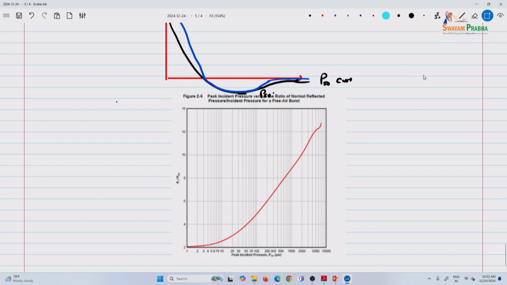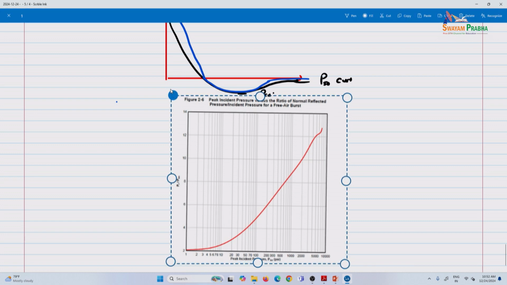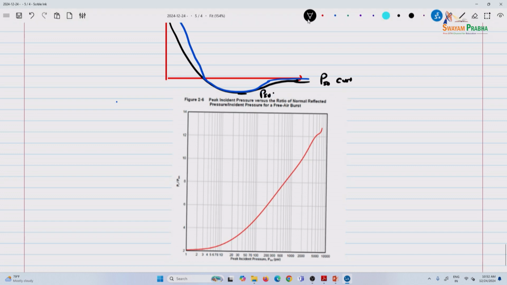So, if you see here the peak incident pressure, this is PI or PSO. Here you have PSO, and this is PR versus PSO, and it depends on the incident pressure.